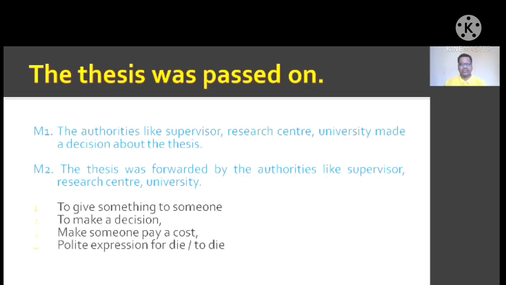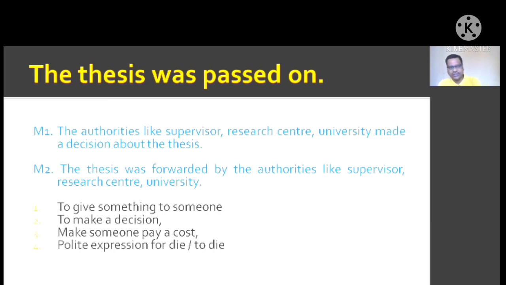Then you have one more sentence on the board. The thesis was passed on. See, this word passed on has multiple meanings. Before I explain, I would like to tell you the multiple meanings of this word passed on.